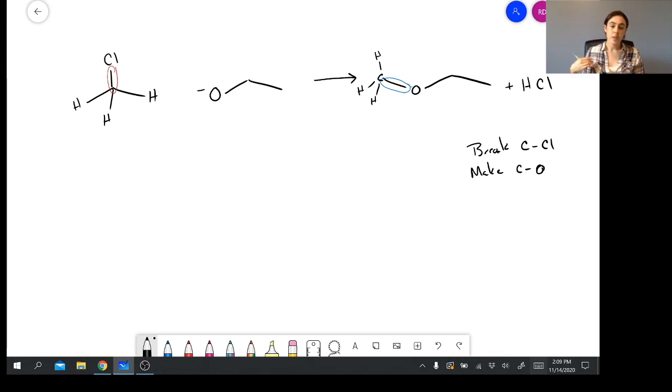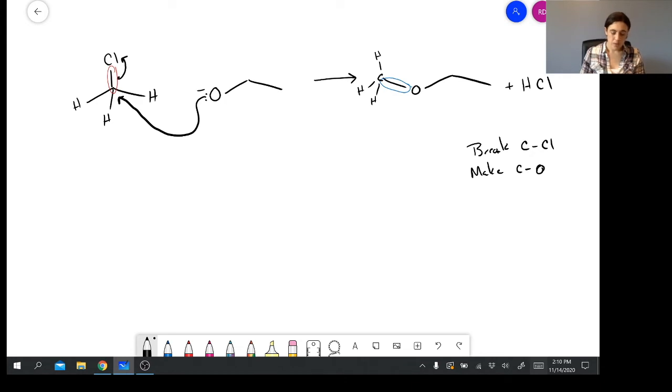Okay, so one way you can do this is directly by having this come in. Now, if that comes in, we're taking those 2 electrons from that oxygen and we are sharing them with that carbon. That means that we have to kick that chlorine off.